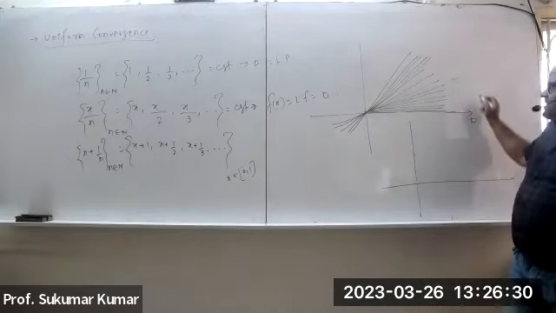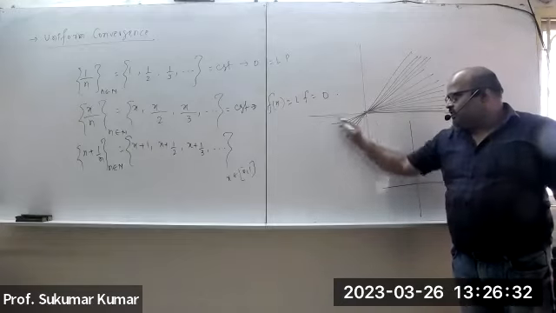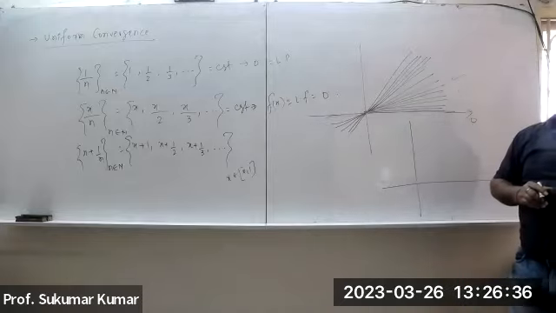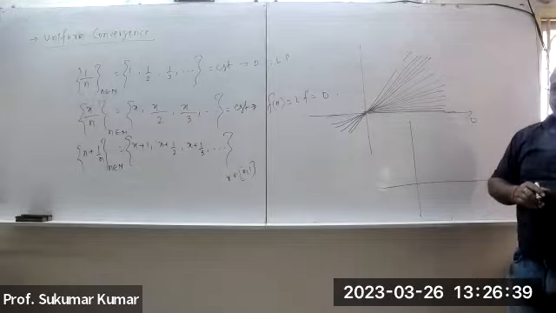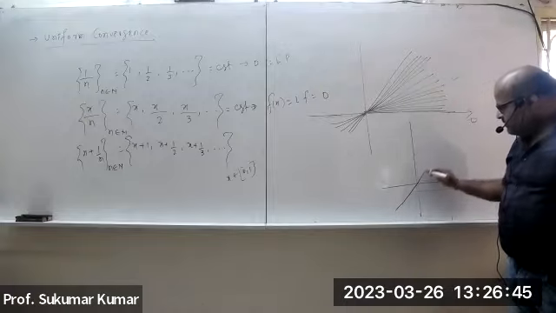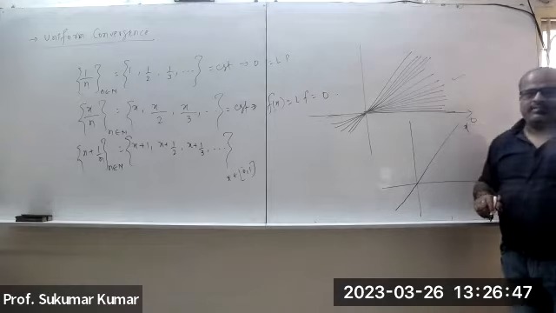In this case, the 1 by n part gets closer to 0 everywhere, over the full R, minus infinity to infinity. This is our x function.